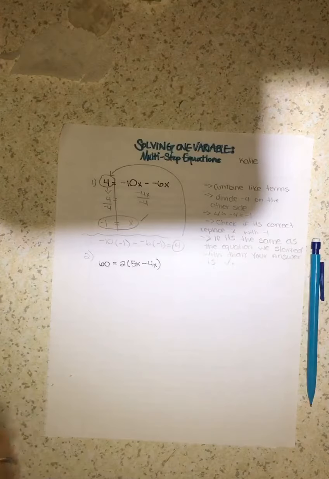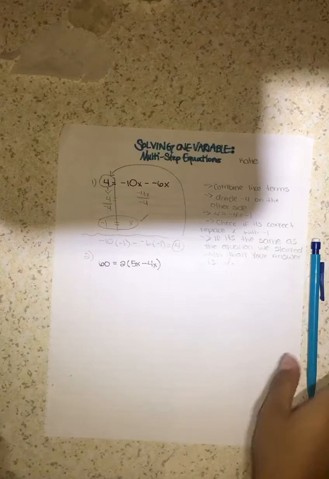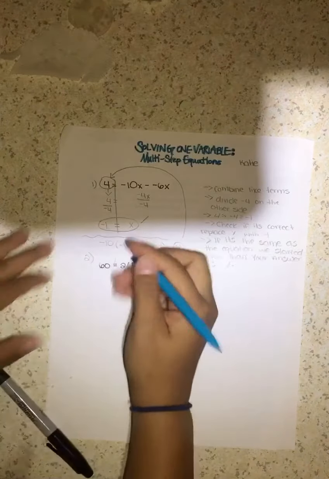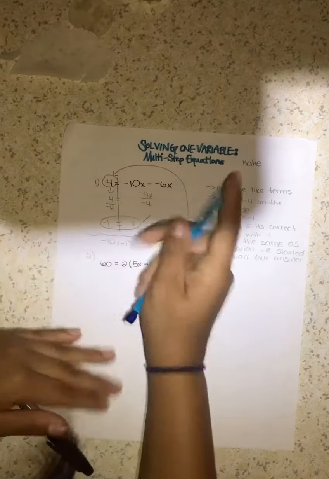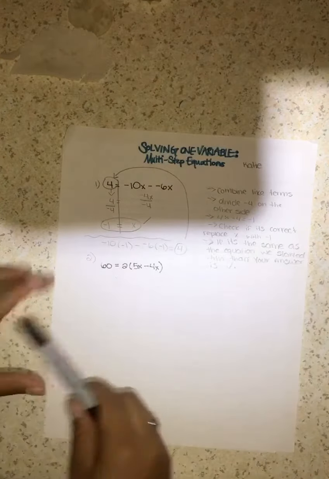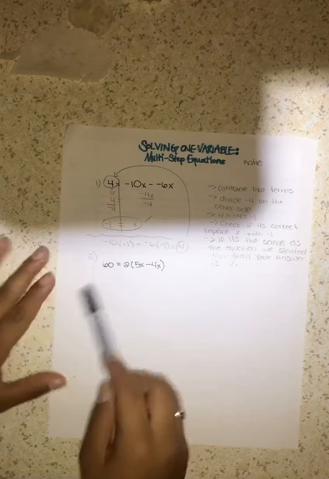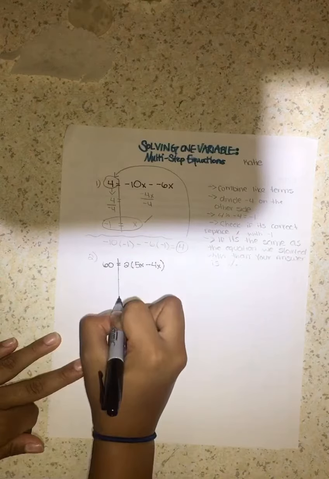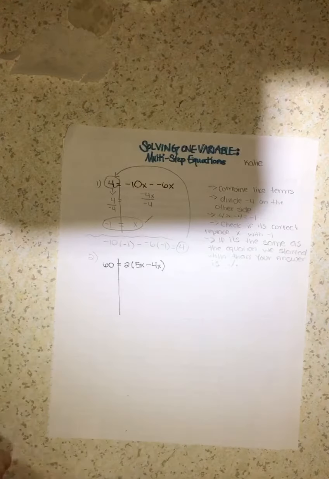So that's going to be our equation, and we need to remember to put our line to see the difference between these two, so we won't get confused. So we put our line.